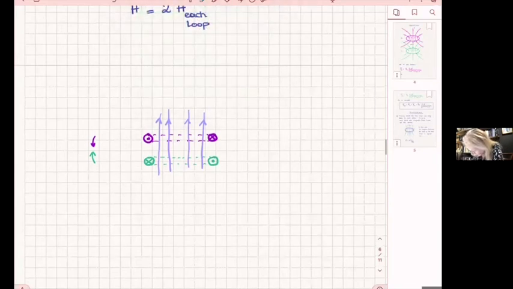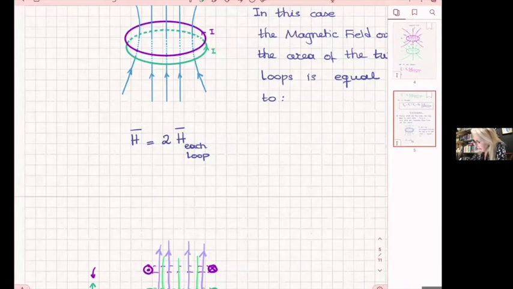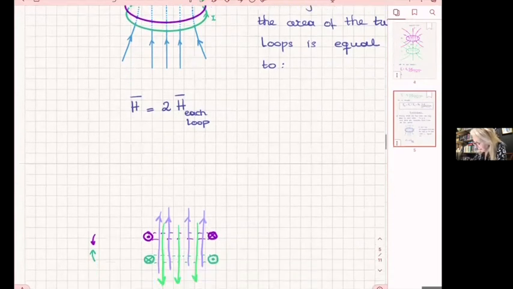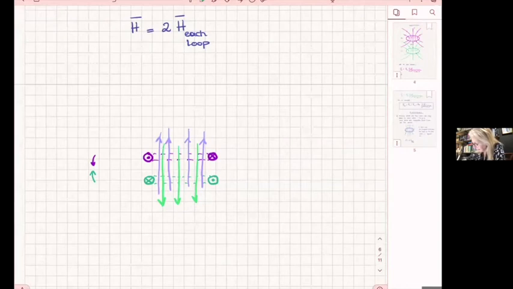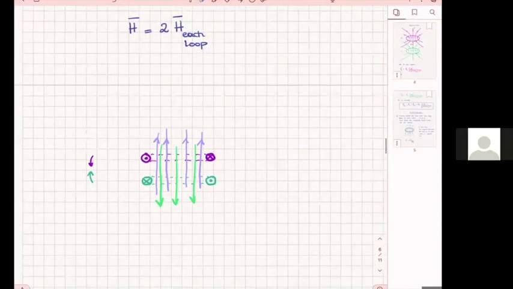It would be the opposite direction. So what would happen if my two coils had separate opposite directions in the currents? How much would be the field inside and the field outside? 0, right? 0 inside, exactly.